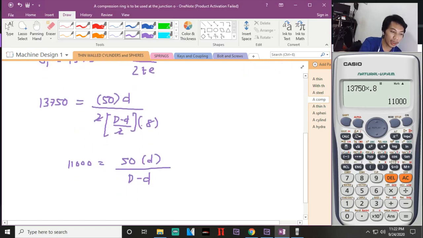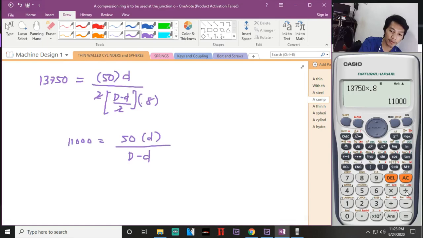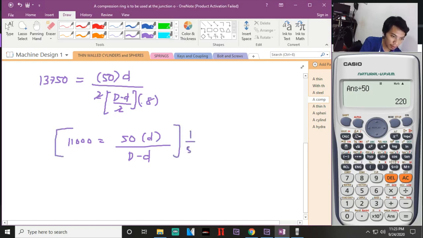Pwede ko bang i-divide ko na ng 50, 11,000? Divide ko na ng 50 para mas simplify na. And that is 220. 220, multiply natin ng both sides. 220 equal to d over D minus d.